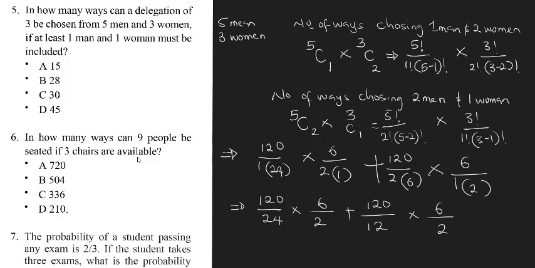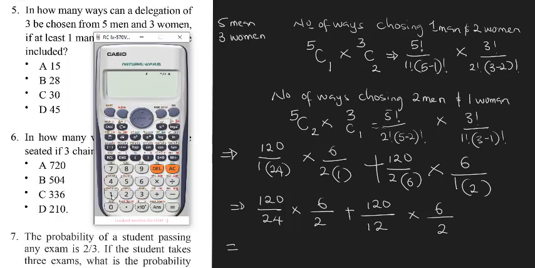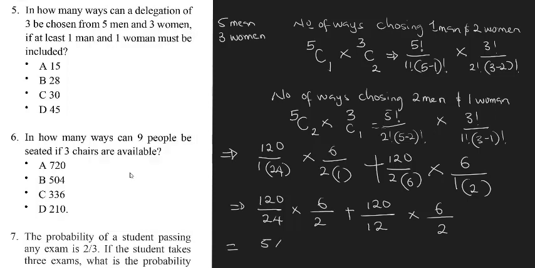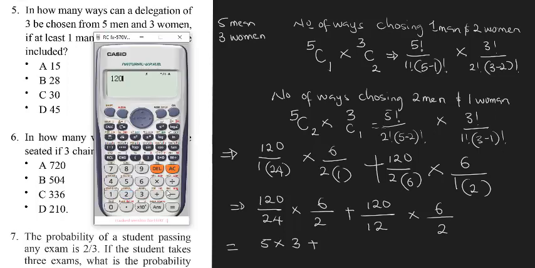So now let's start the division. This is going to be 120 divided by 24 is 5. So the first one here is 5 times 6 divided by 2 is 3, and we have plus 120 divided by 12, of course, is 10.